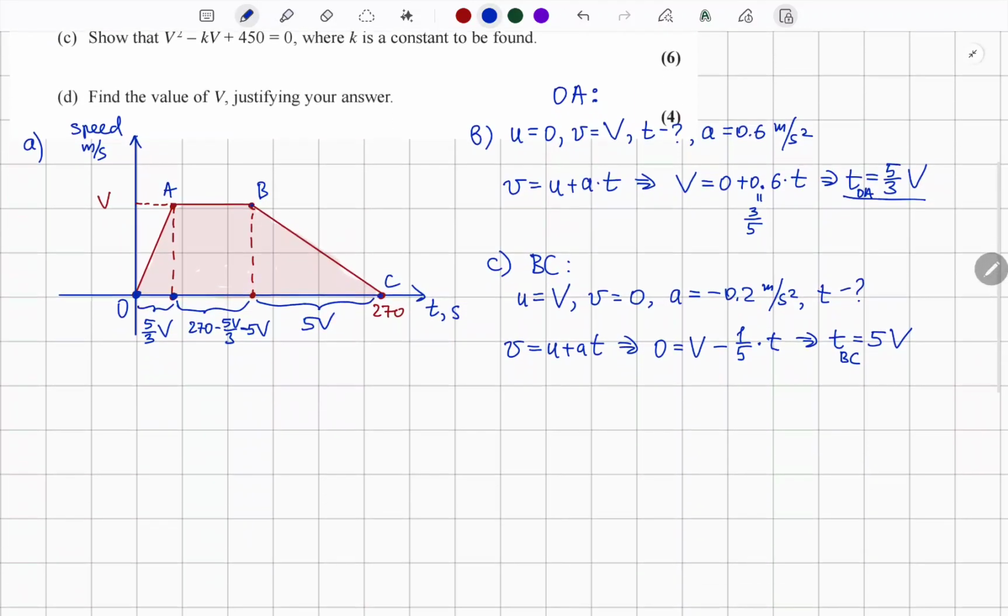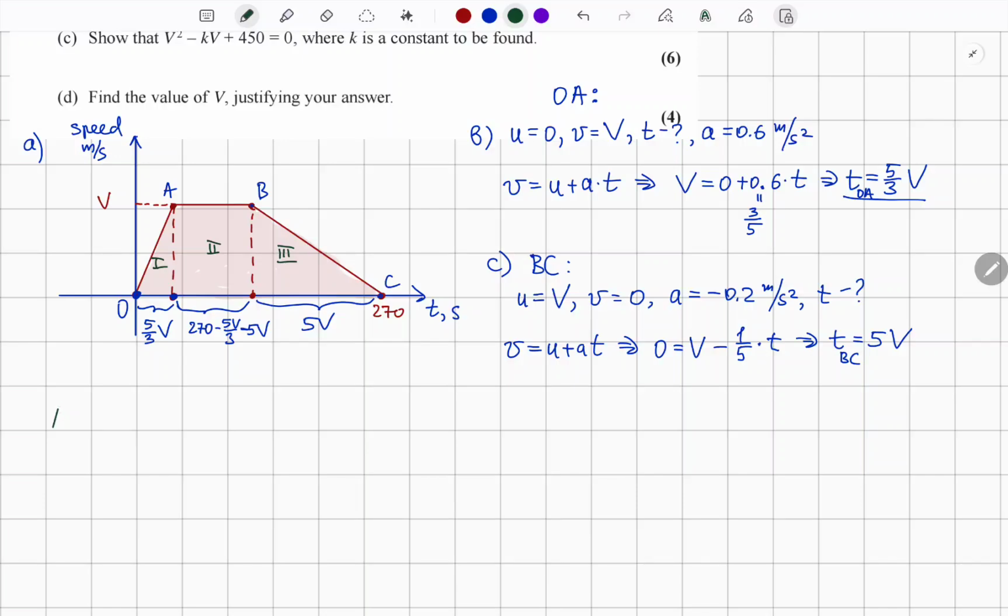So I split the trapezium into three parts. Here they are, three parts, and then sum up their corresponding areas. So let's put Roman digits, 1, 2, 3.